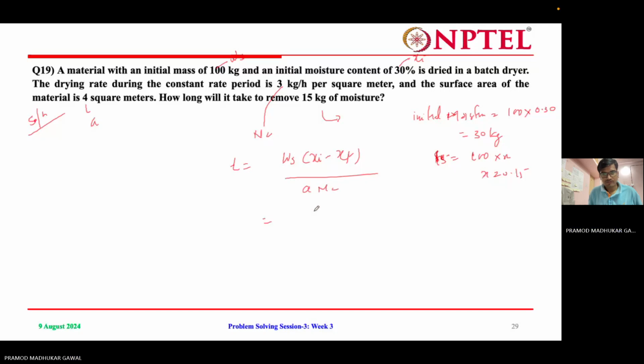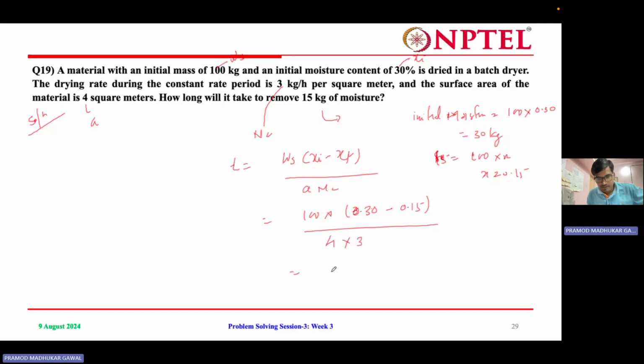Put here A and Nc: 100 into (0.3 minus 0.15). So we can directly write 30 kg minus 15 kg, divided by 4 into 3.